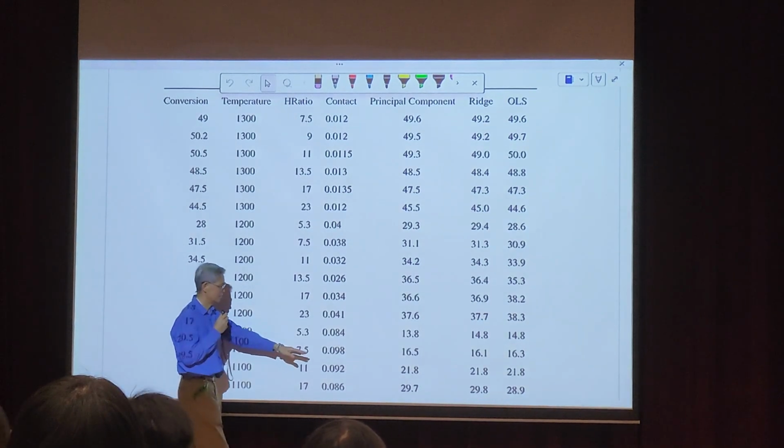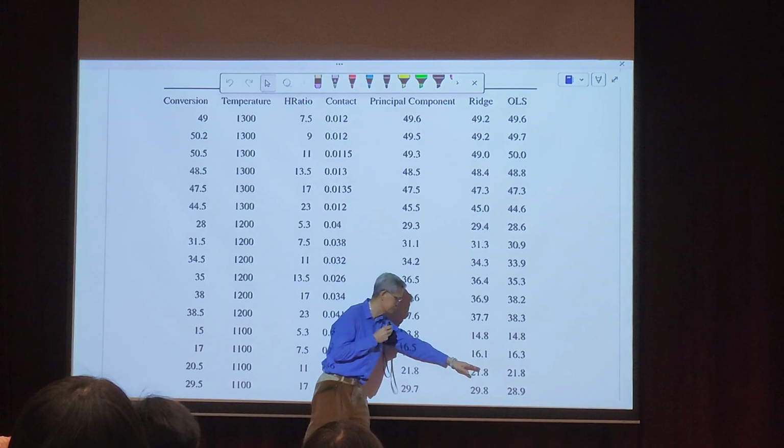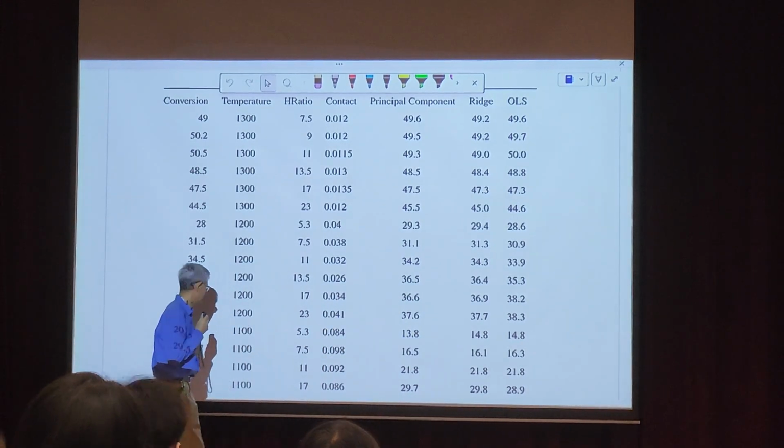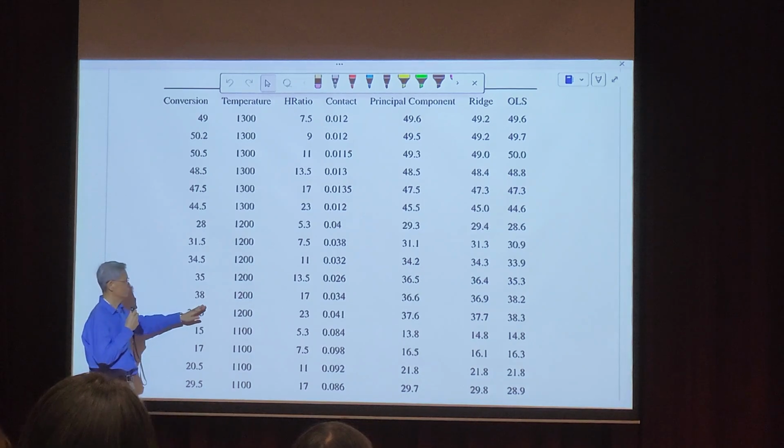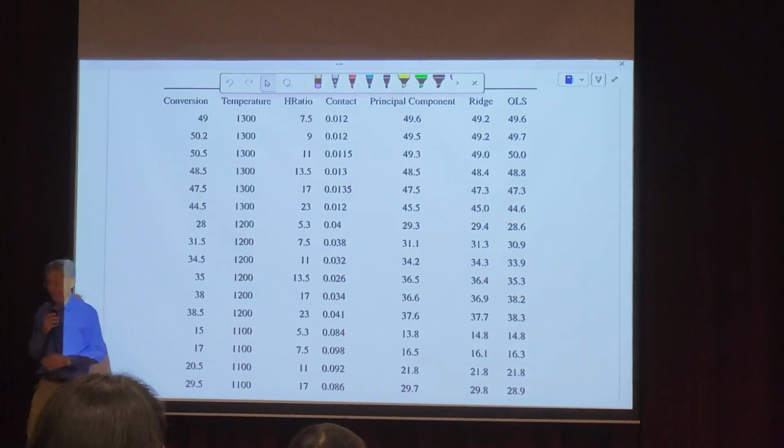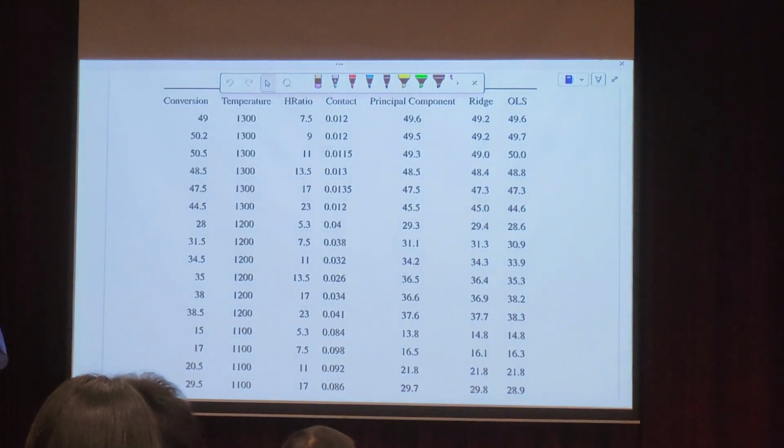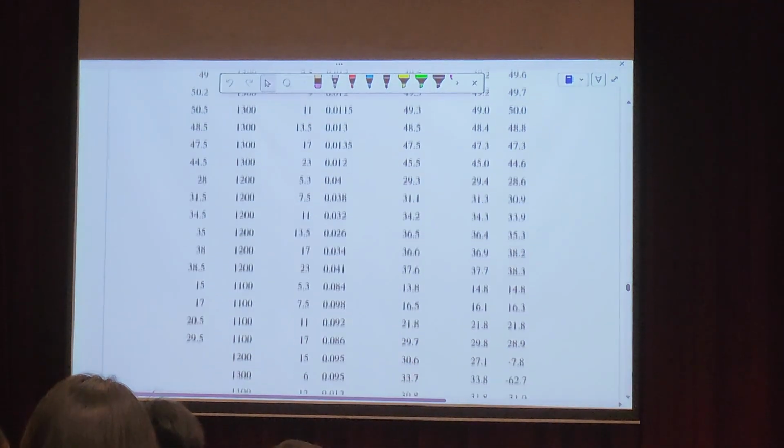These three are exactly the same, up to the first decimal. So all three are good in predicting the response, or the conversion, within the range of experiments.